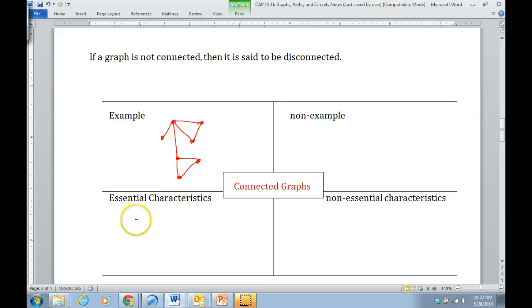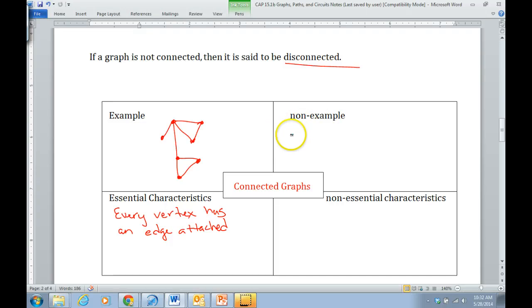Okay, so essential characteristic of this, every vertex has an edge attached. Okay. So if it's not connected, then it's said to be disconnected. Really? Yeah. It's rocket science. Okay.